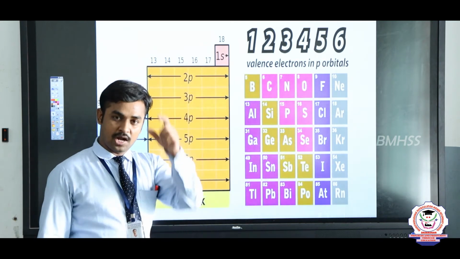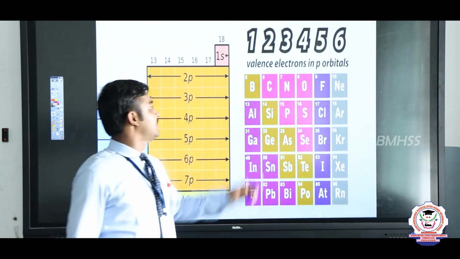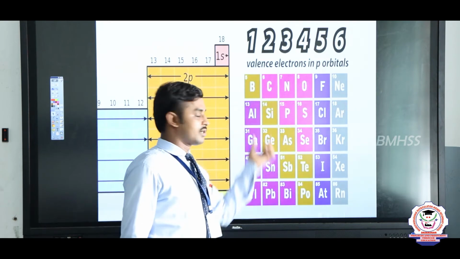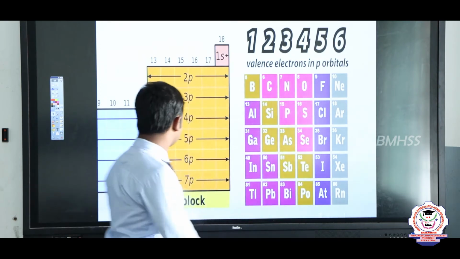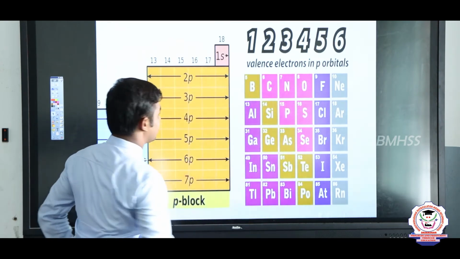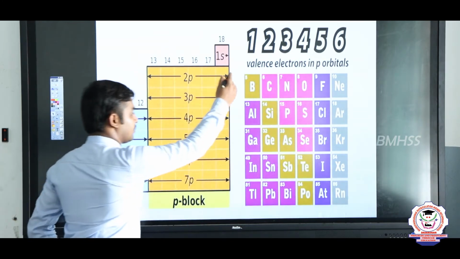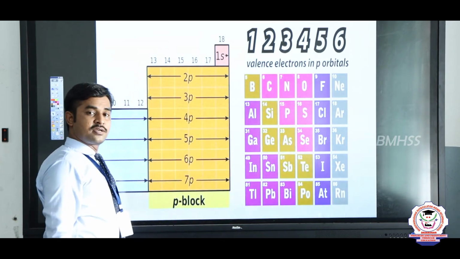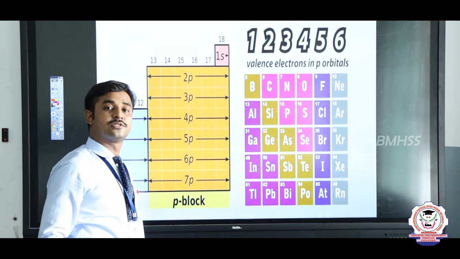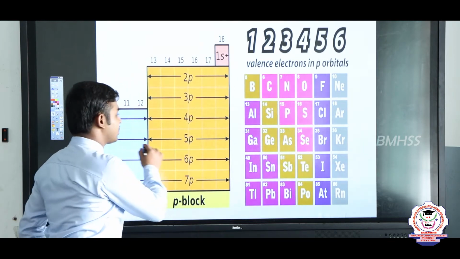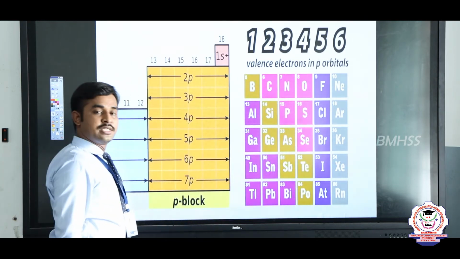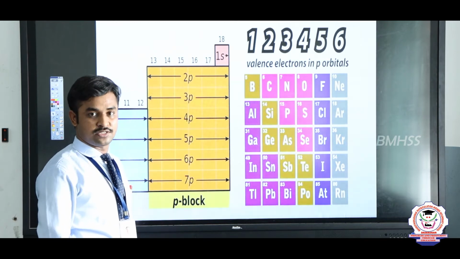In P block elements part 1, in this chapter we see the 13th group and the 14th group. The vertical lines are called columns or groups, and the horizontal lines are called rows or periods.